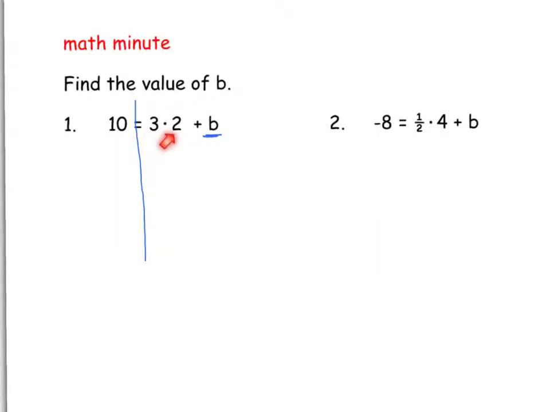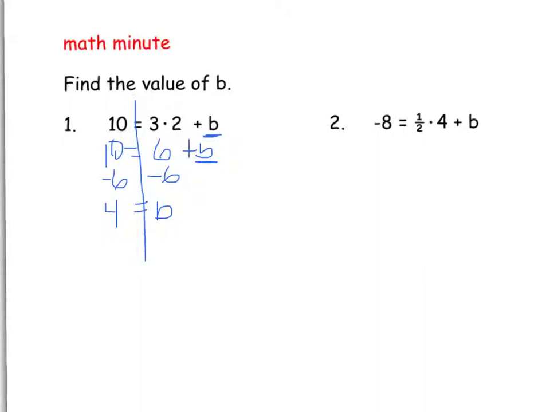So here, 3 times 2, we can simplify this before we start solving the equation. So we have 6 plus b equals 10. And then this is a very simple equation because we're trying to get b on a side by itself. It's plus 6, so we subtract 6. So b is 10 minus 6, which is 4.